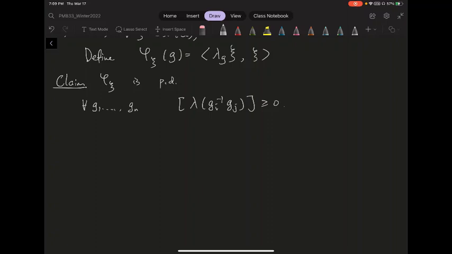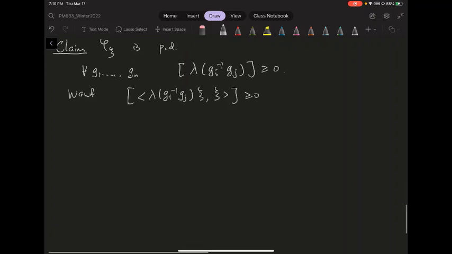And if you want to show this phi psi of G is still positive definite, you replace each of these entries by this inner product. You take the vector and inner product it with this vector, and you want that to be a positive definite matrix as well.